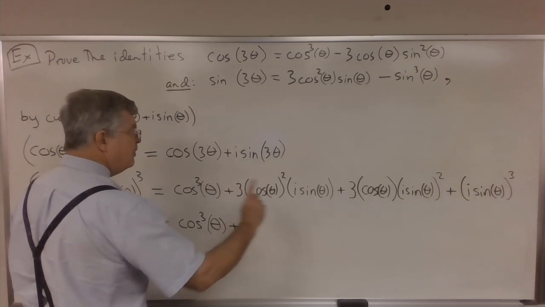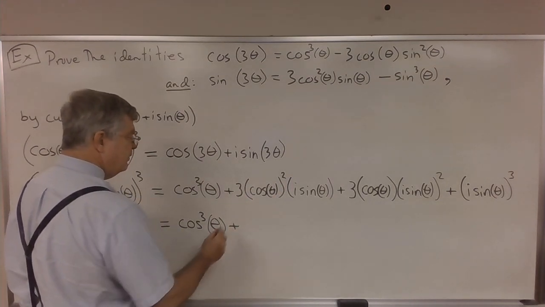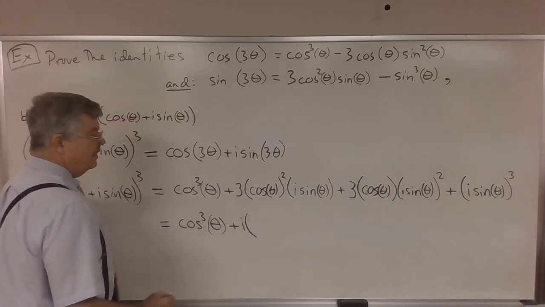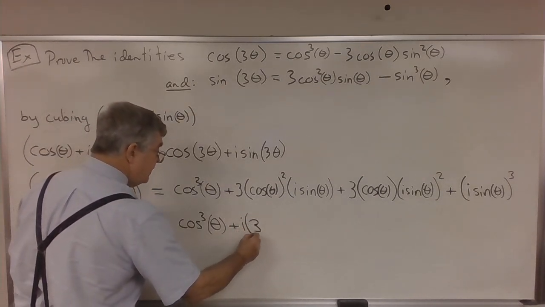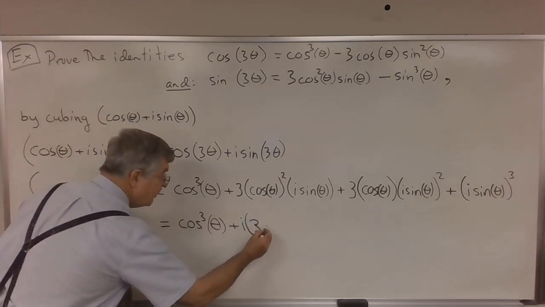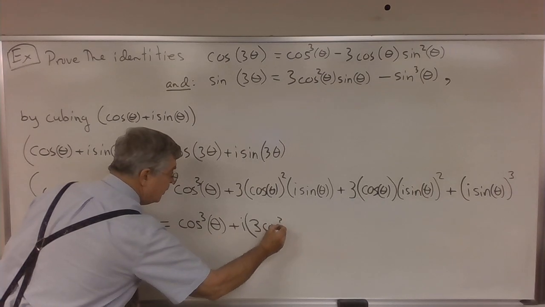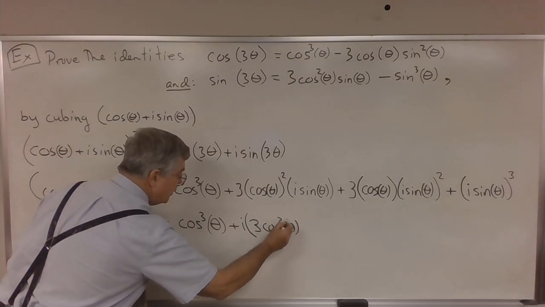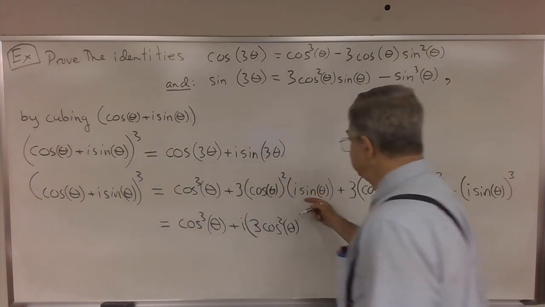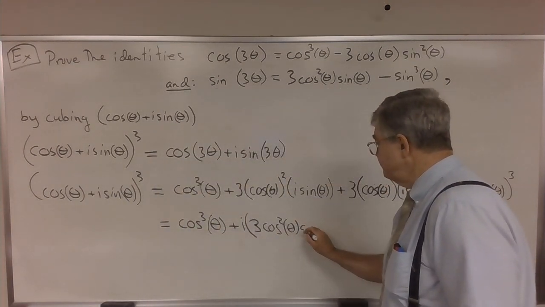I'll put the i first here. And I have 3 cosine squared theta times sine theta.